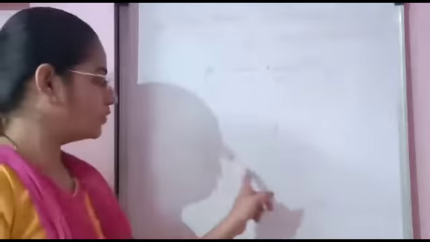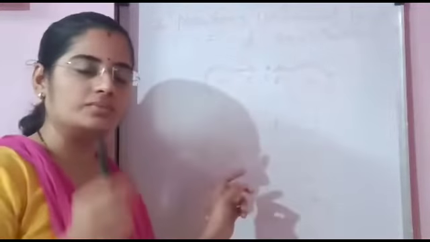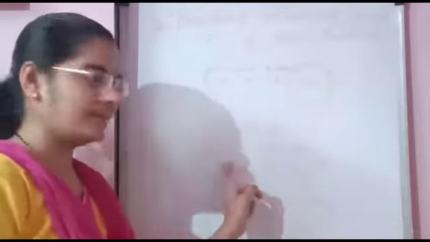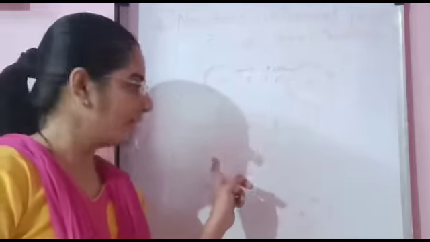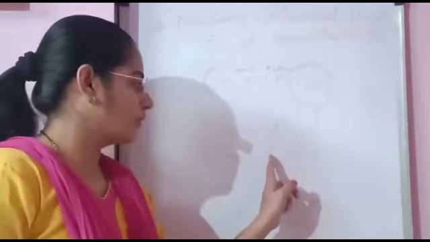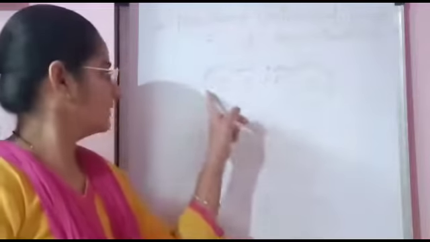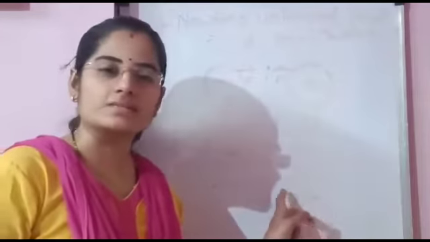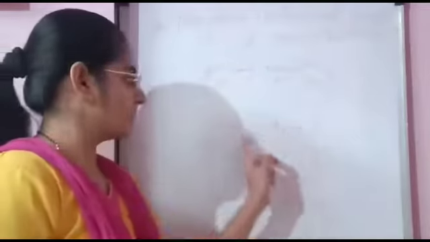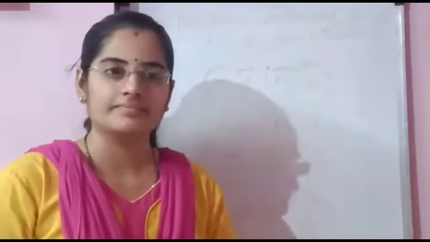The magnitude of this attractive force is directly proportional to the product of their masses, and it is inversely proportional to the square of the distance between them. What is the distance between them? It is d.